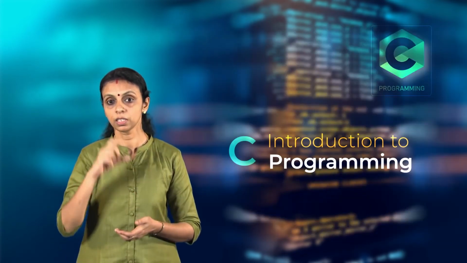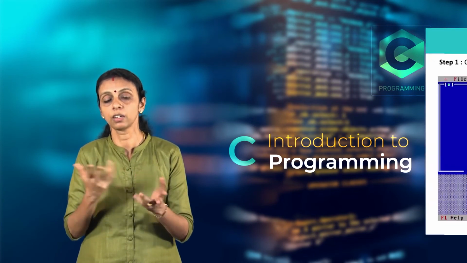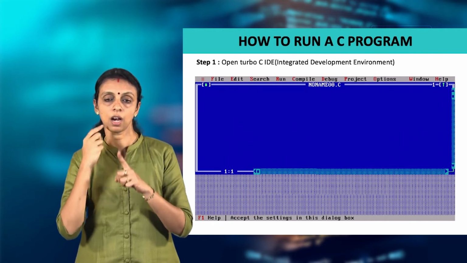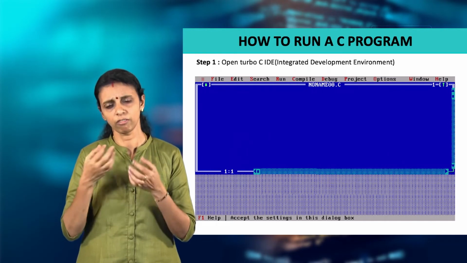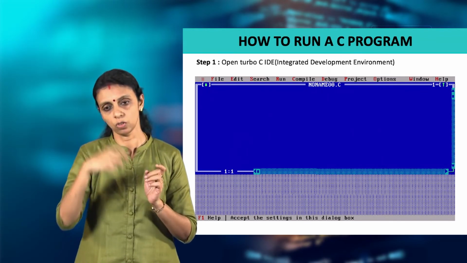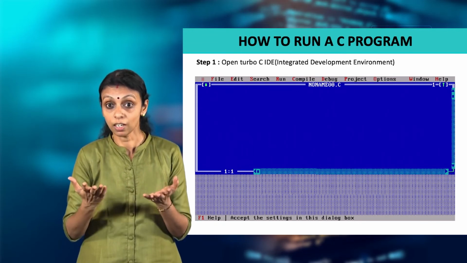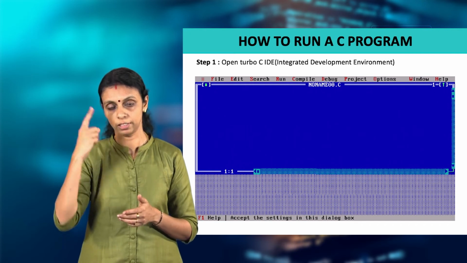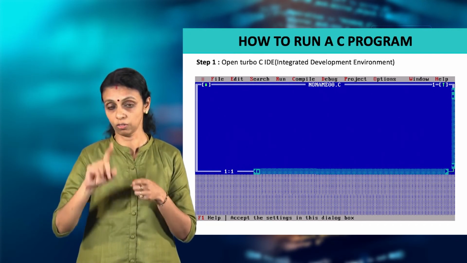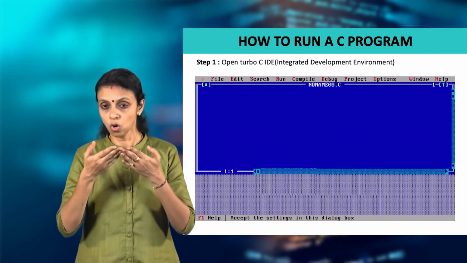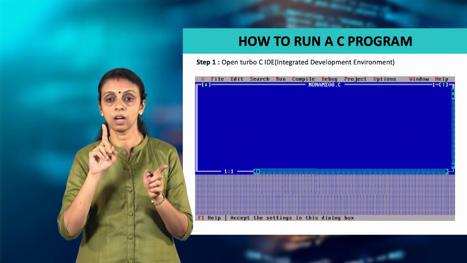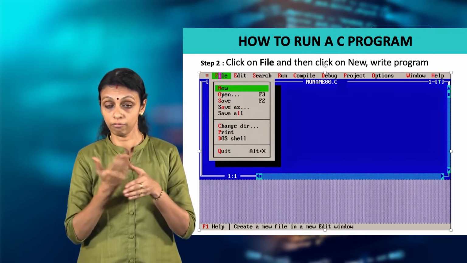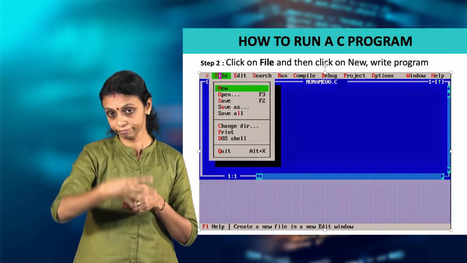How to run a C program? I recommend you to use Turbo C IDE. It is freely available over internet and is good for a beginner. Step 1. After installing, open Turbo C IDE. Click on File and then click on New. Step 2.